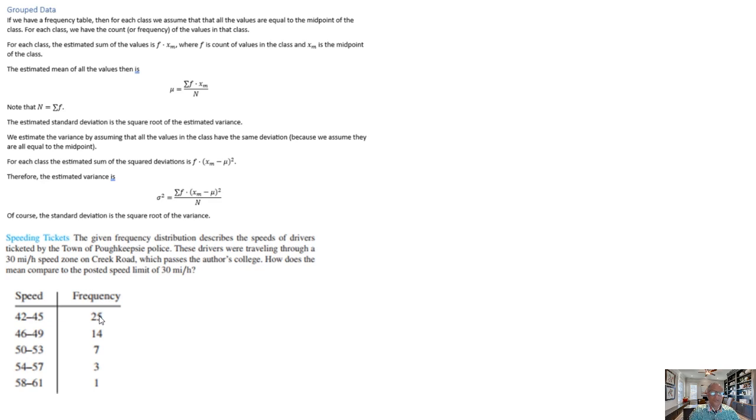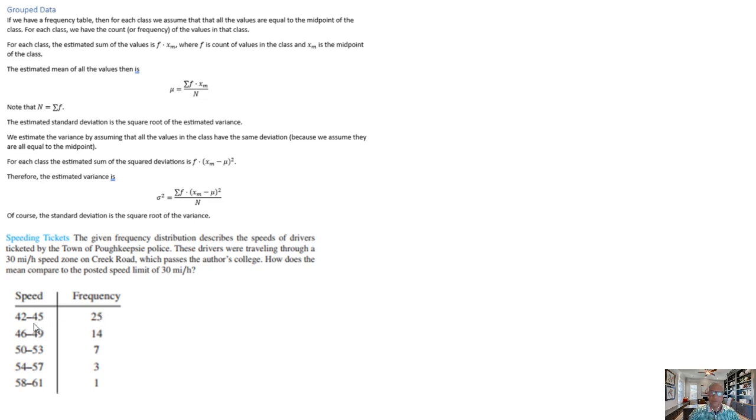But how do I get the sum of the square deviations? Well, it's the same trick, the same estimation. We're going to say that every single value here is 43.5, let's say. Remember, I have already determined a mean. It's an estimation, but that's the mean we'll be working with.